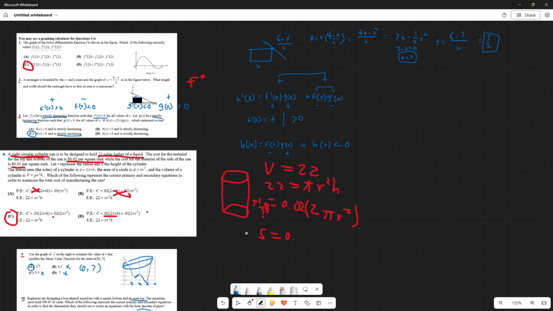So 0.01 times the area of the side, which is given to us as 2 pi r h. So we gotta add these together to get the total cost. So 0.01 times 2 pi r h plus 0.02 times 2 pi r squared.